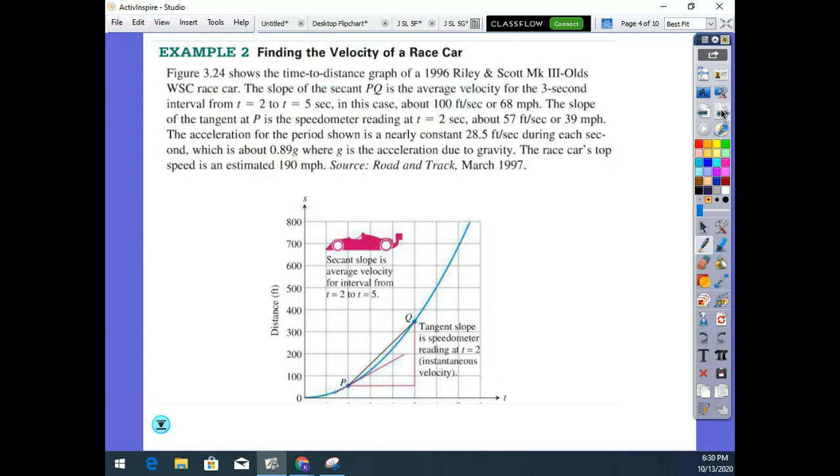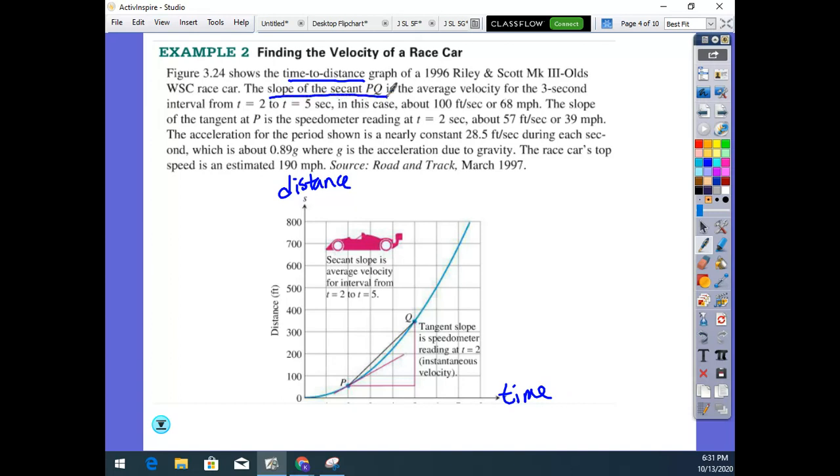Okay, so all of the work is done for you in example 2. It's just all spelled out. Figure 3.24 shows the time to distance graph. That means this is my distance on the y, always pay attention to your axes, and time in t is along the x-axis.